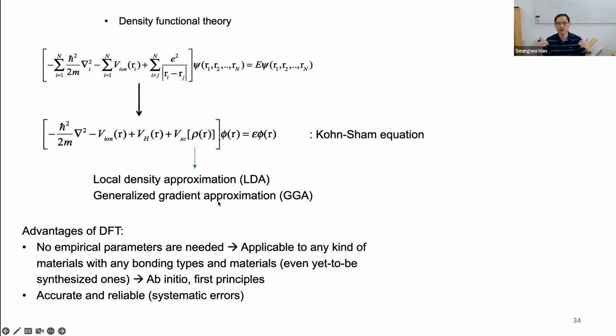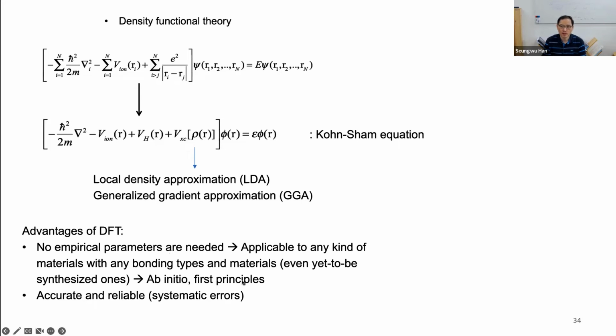They are fixed in the original development, and once developed, we do not change the parameters, and we apply it to any kind of material, even materials that we have not synthesized and for which there's no experimental information. This is why this method is called ab initio, or first principles.